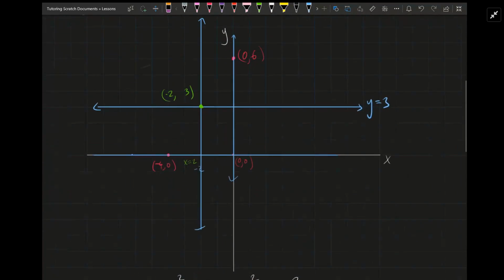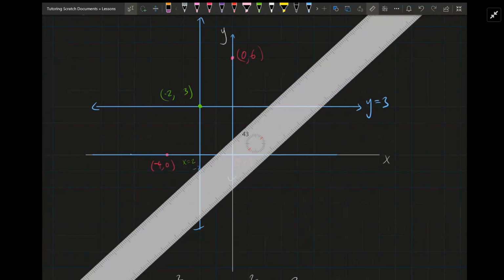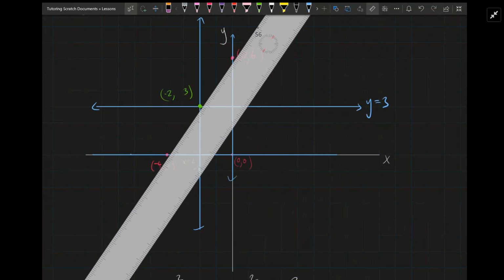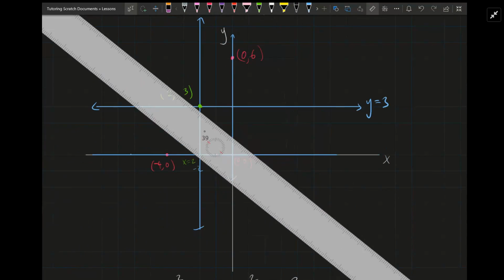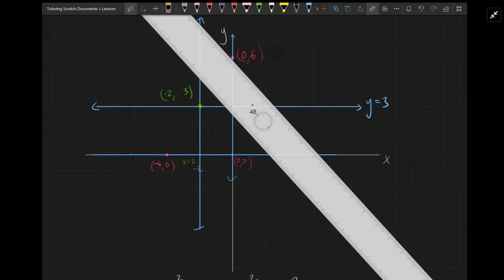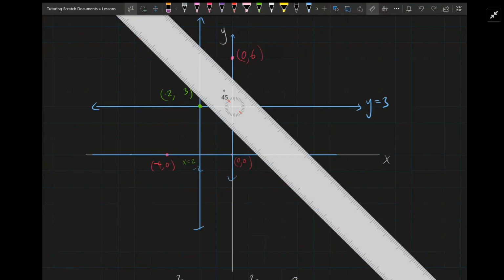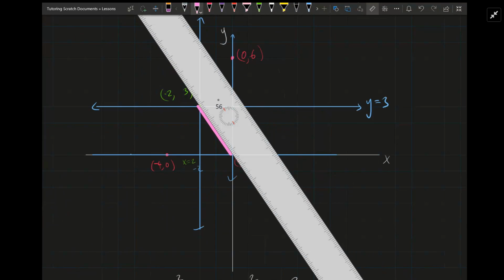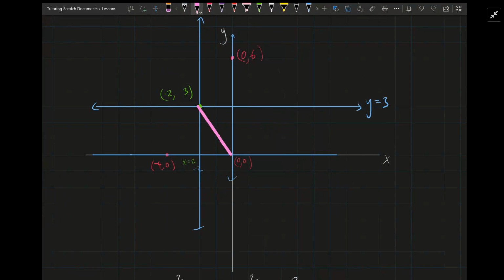So r we know is going to be the same for all the points because that's the definition of a circle. It's all the points equidistant from the center. So we can take any one of these points and just find the distance. So let's just take, I'll use pink, that right there. That's going to be the radius of the circle. For that, we can just use the Pythagorean theorem.